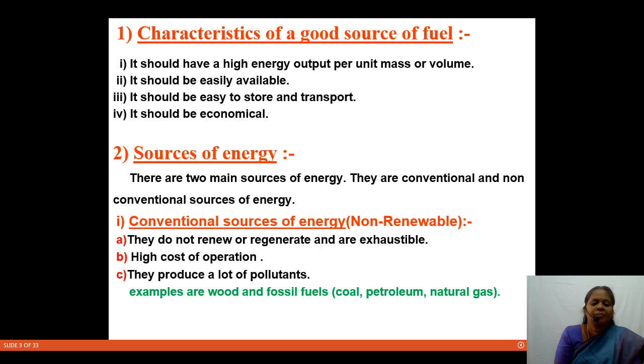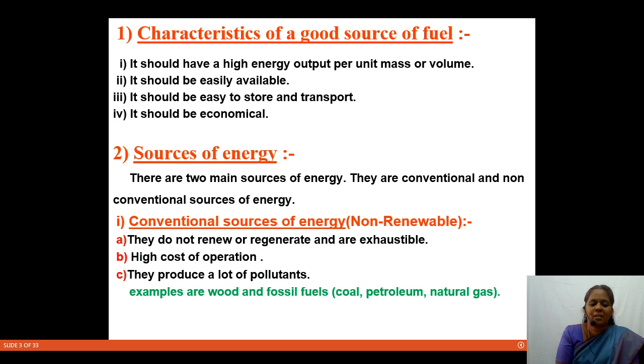This chapter, sources of energy, has 2 main important sources: one is conventional, another is non-conventional source of energy. Another name for conventional is non-renewable sources of energy. Another name for non-conventional sources of energy is renewable source of energy.